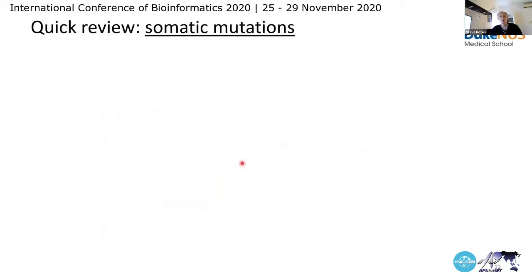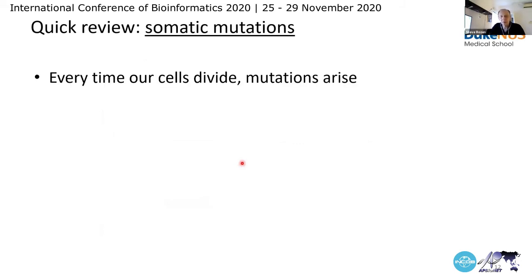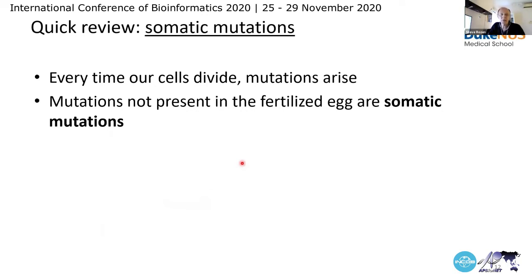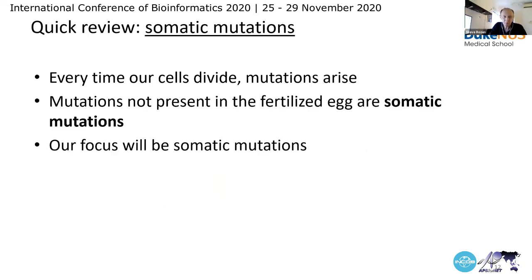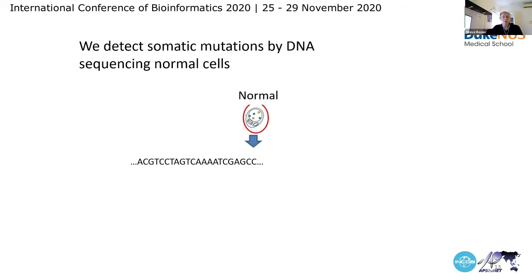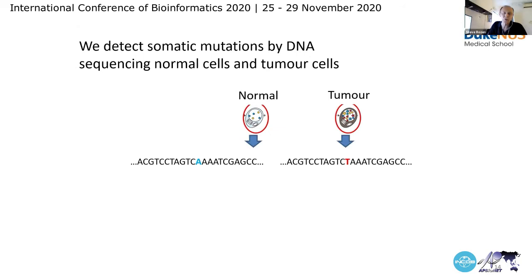So we're going to do now a quick review of somatic mutations. Every time our cells divide, mutations arise, and mutations that were not present in the fertilized egg are called somatic mutations. Our focus of mutational signature analysis is going to be on the somatic mutations. We detect somatic mutations by DNA sequencing normal cells and, in this case, mostly tumor cells, not always tumor cells.